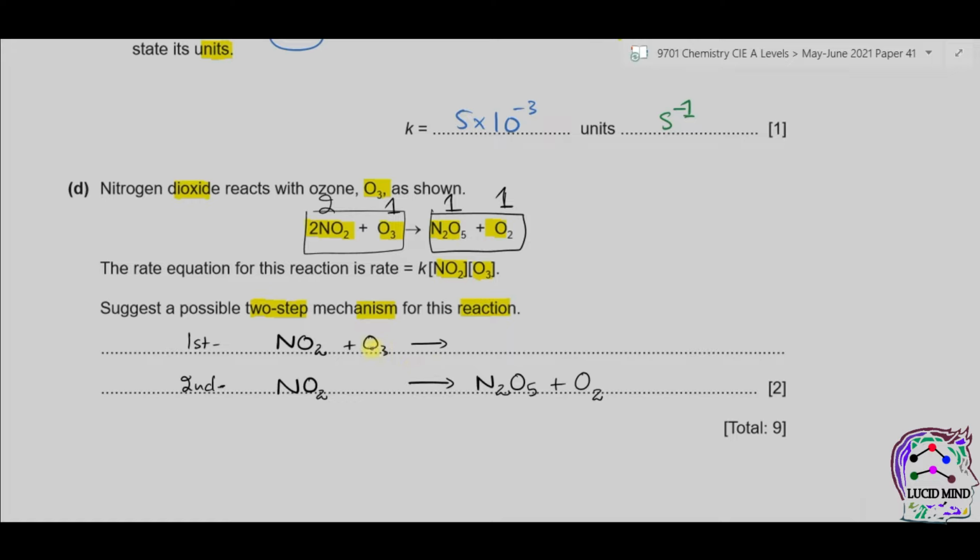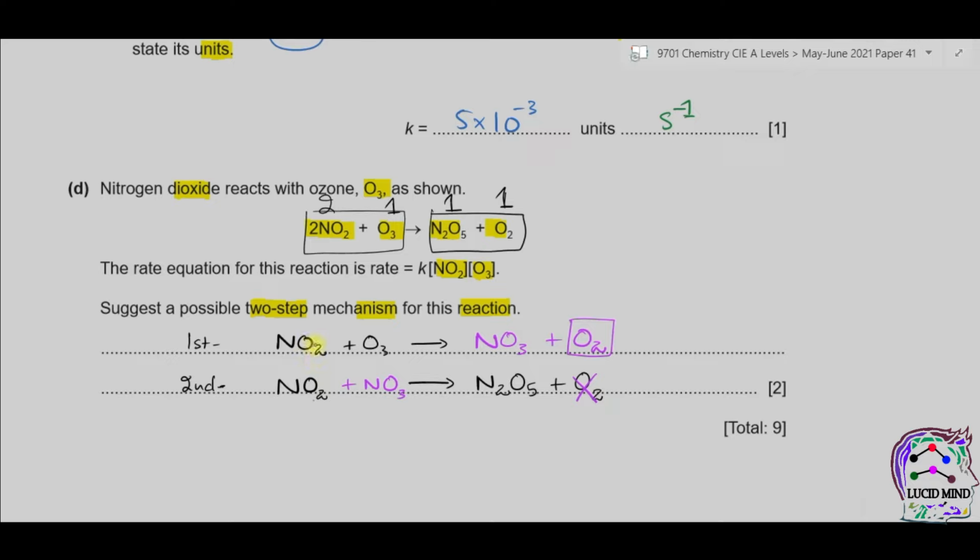NO2 can react with ozone to form NO3. One oxygen is gained from ozone along with O2. And this NO3 can react with this NO2 to form N2O5. And this oxygen is already formed, so we can remove this one.